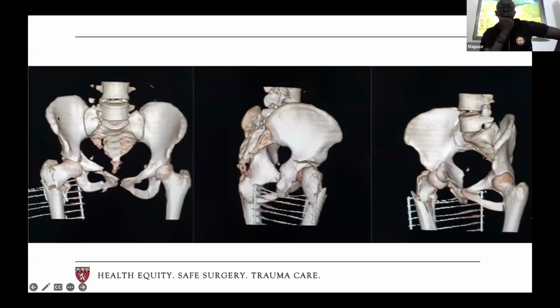Otherwise, I would give priority to suprapectineal plating since the vector of the injury is towards medial and superior. Only adding an infrapectineal plate might not address the middle fragment as well as the superior rami fragment, which we see on the 3D.